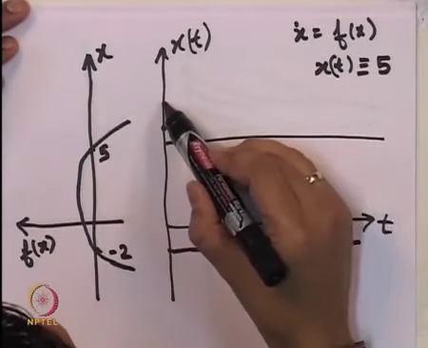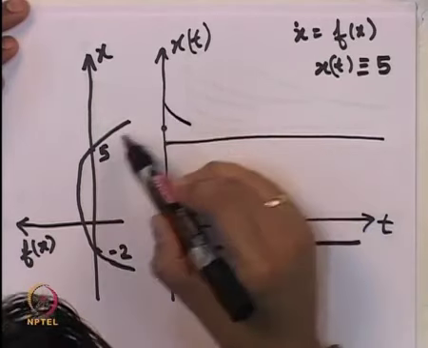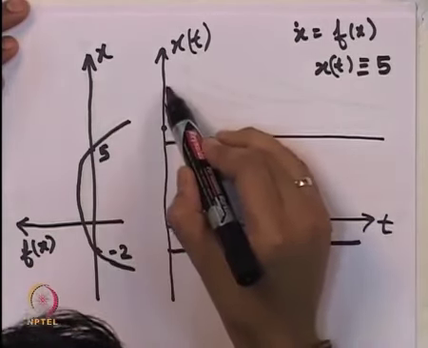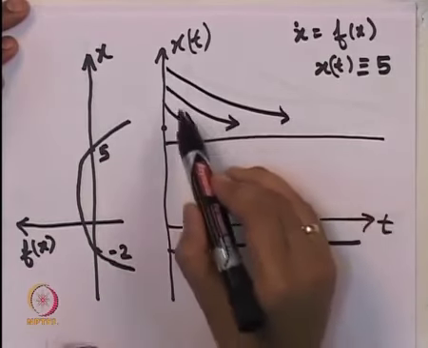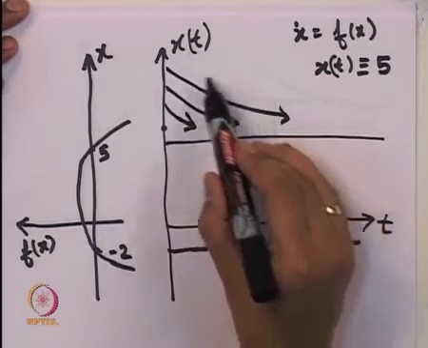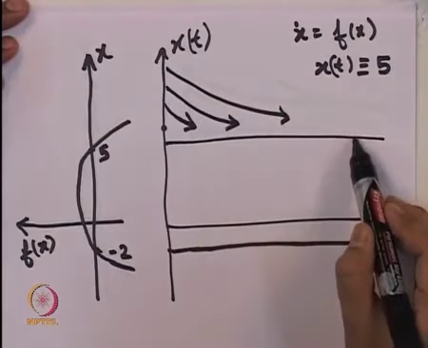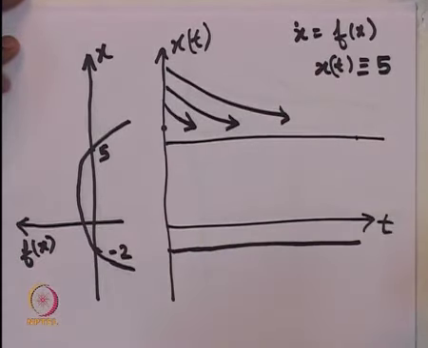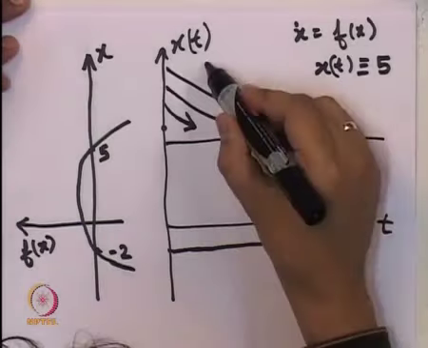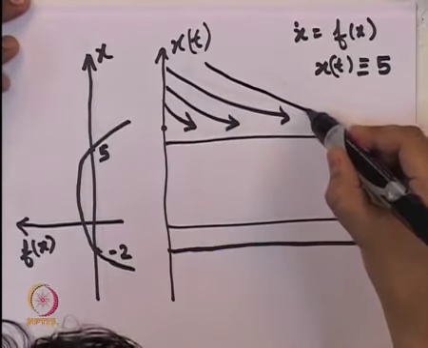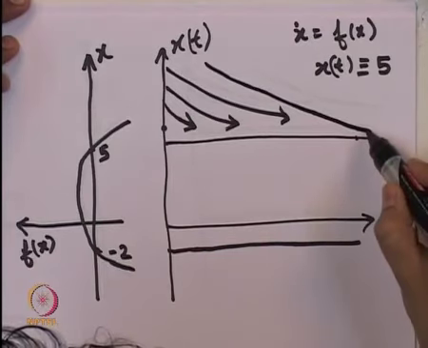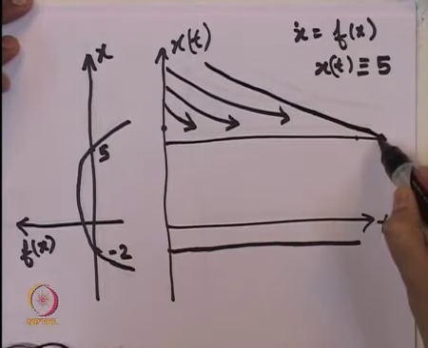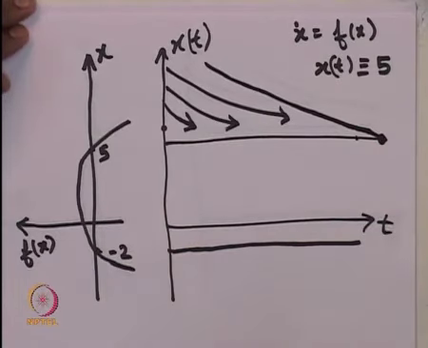But for values more than 5, we see that x dot is negative and hence it is all decreasing. So, the important question is, can this trajectory which is decreasing meet the constant solution in finite time? Is it possible that a trajectory here only approaches this trajectory asymptotically, or can it intersect at some time instant?